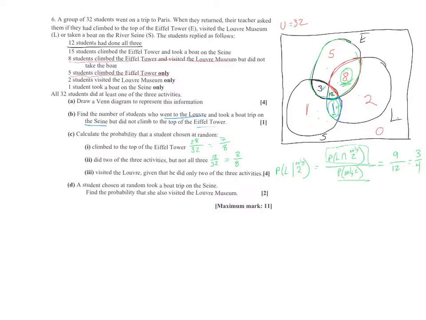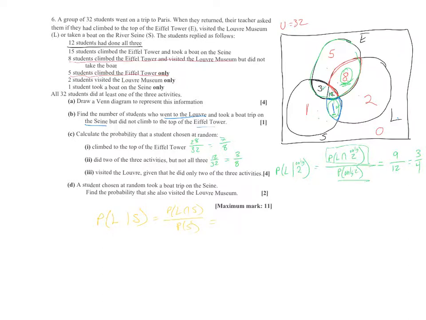Lastly, a student chosen at random took a boat trip on the Seine. So given that they did the Seine, find the probability that she also visited the Louvre. Okay, so Louvre, given that they were on the Seine River. So again, this will give us probability of Louvre and the river cruise, all divided by the probability that they did the river cruise.